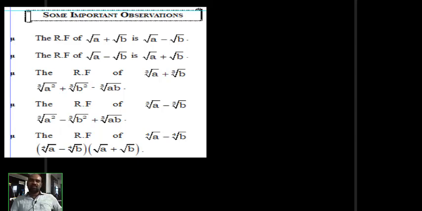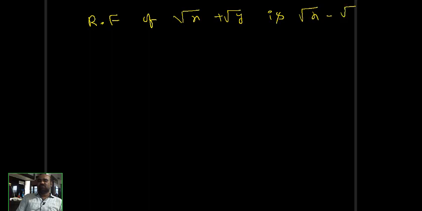Again, I will write it clearly on the next page. The RF of the square root of x plus the square root of y is the square root of x minus the square root of y only. Obviously it is the product only; I am not going to say conjugate, conjugate surds is a different concept. RF is a different concept.